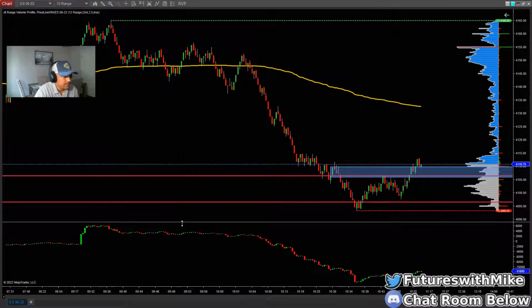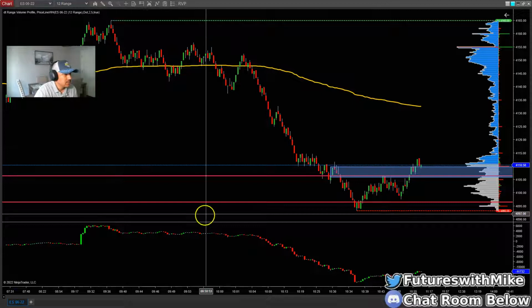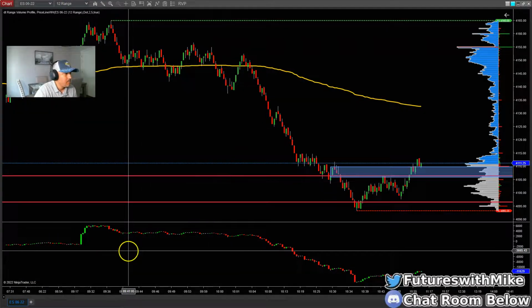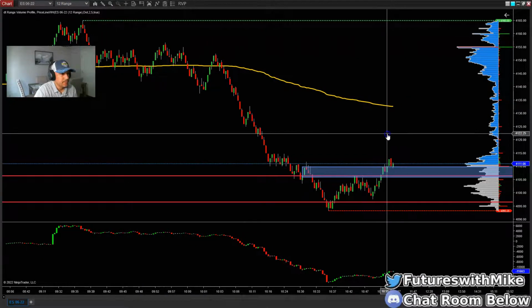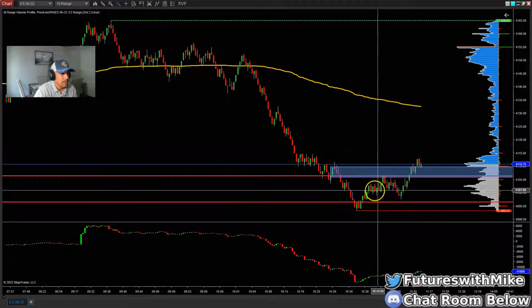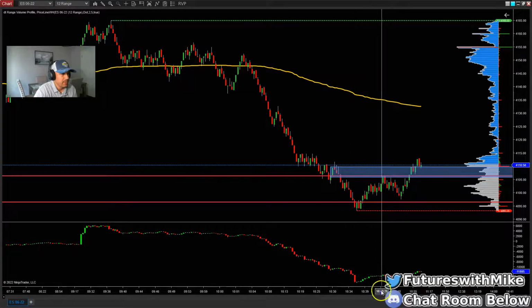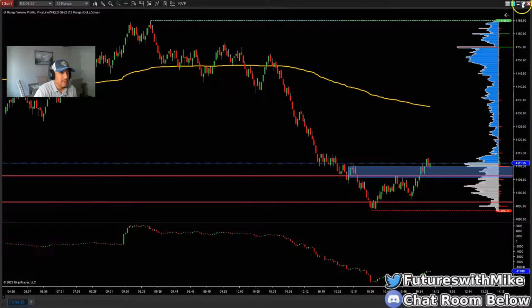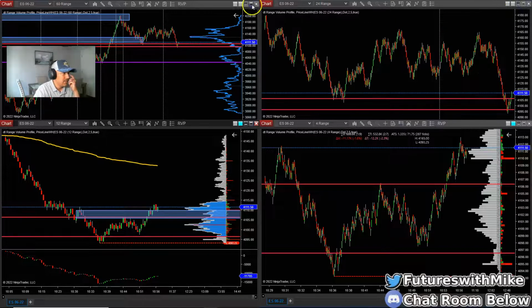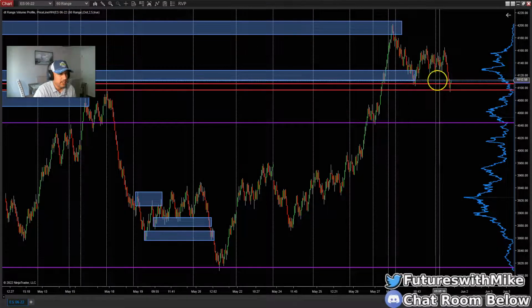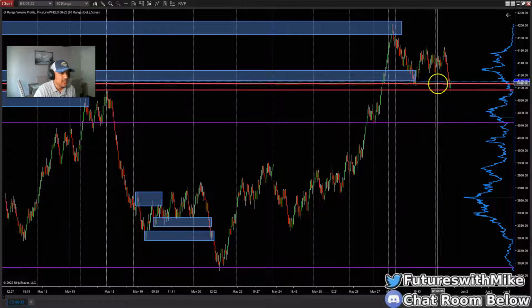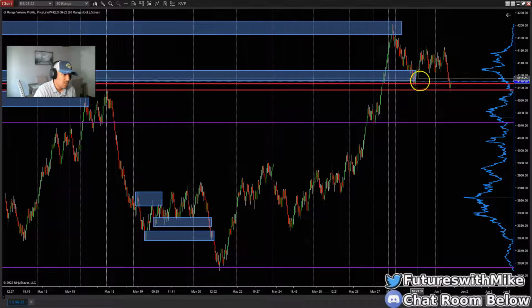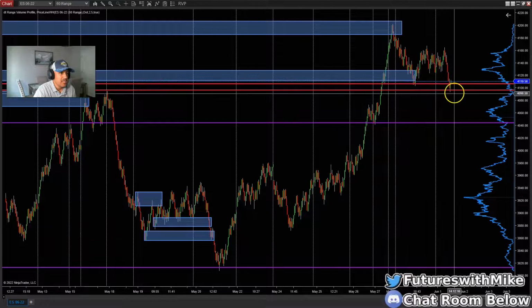Okay, so let's see. The market's breaking, but I said be mindful. Remember, like I tell you guys, there is resistance right here. Price made a swing to the downside. This is resistance right here, which was support when price pushed down, but price broke through it now.